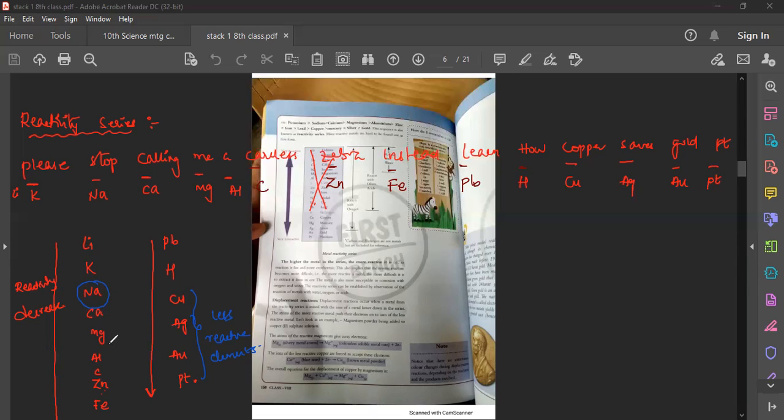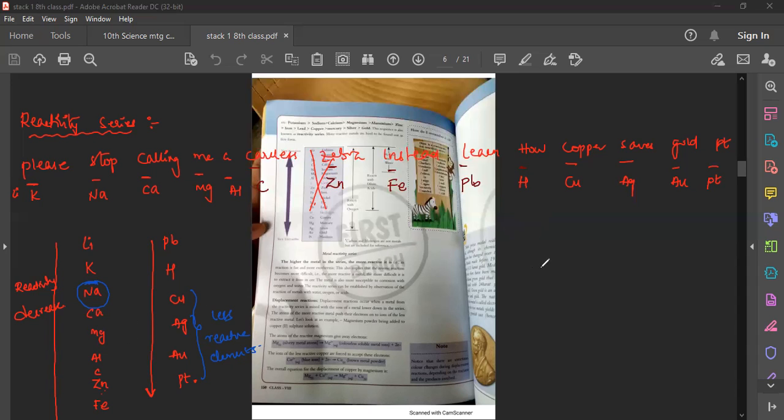Compared to calcium, magnesium, and all the elements below, sodium is more reactive. Clear? Yes, sir. So if you take any particular element, it cannot displace the elements above it, but it can displace the elements below it. Understanding?